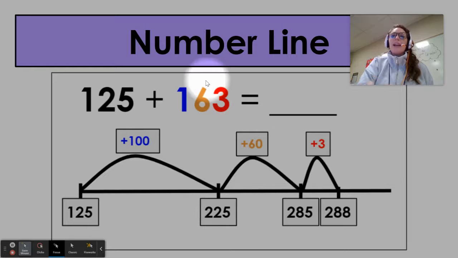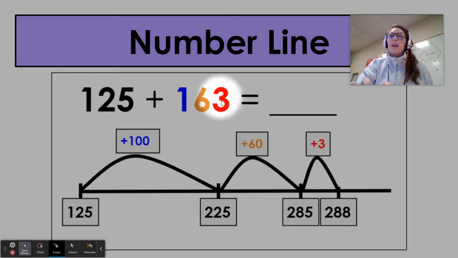Next, I will need to add 6 tens, or 60. You can choose, second graders, if you would like to break apart and add 6 jumps of 10, or if you want to group the 6 jumps of 10 together and make one jump of 60. 225 plus 60, that means I am adding the 20 plus 60 to find 285.